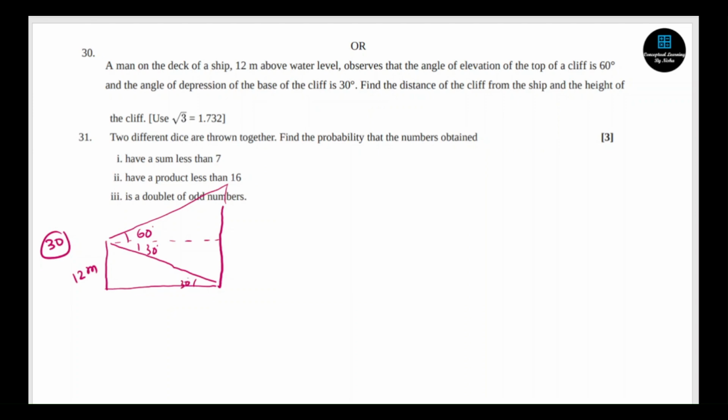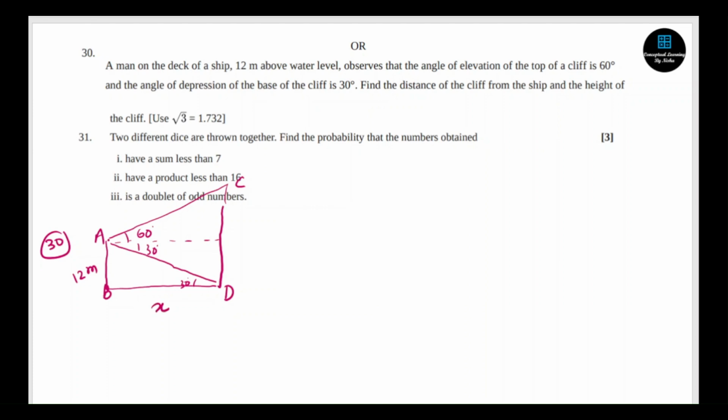Find the distance of the cliff from the ship and the height of the cliff. So let's say this is the height of the cliff. Now see, this is AB, which is the deck, I mean ship. Here CD is the cliff. Now I have to find whole CD and then BD.